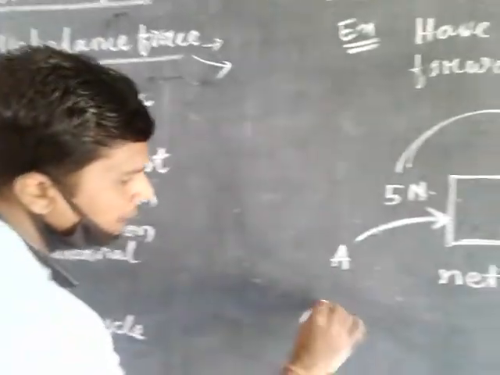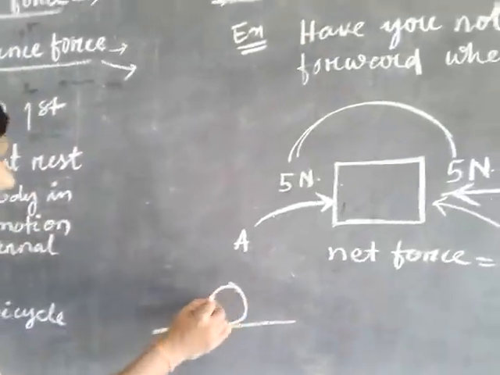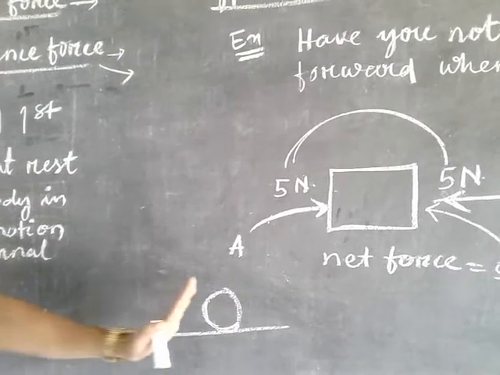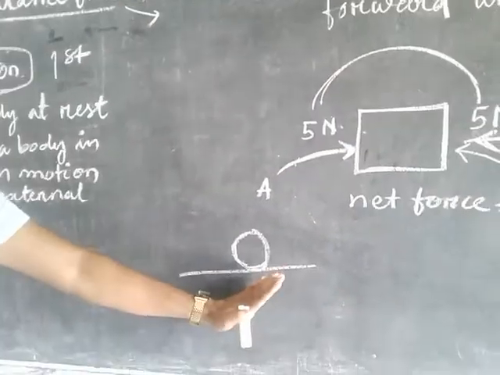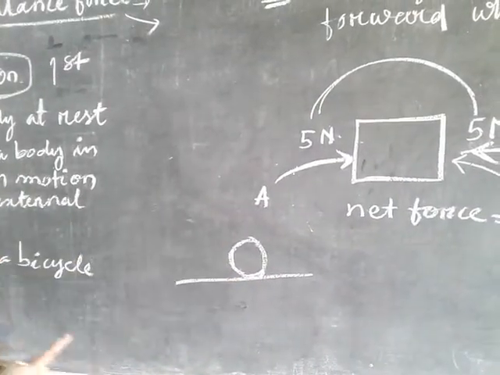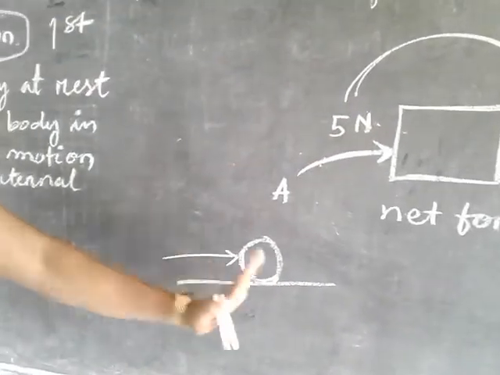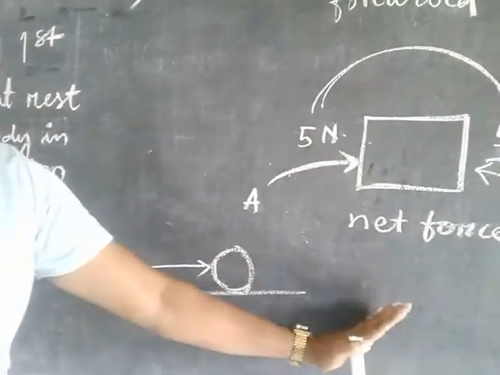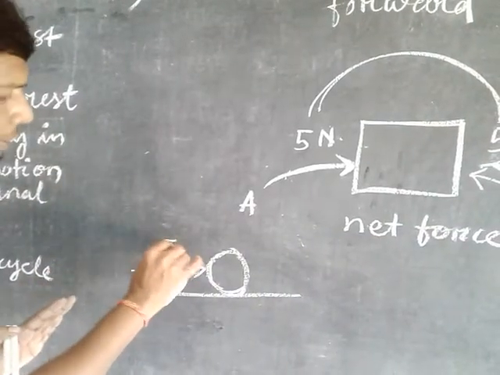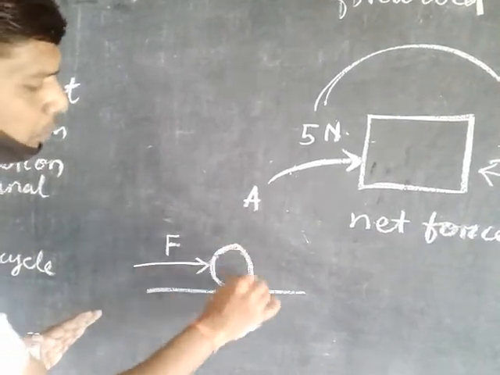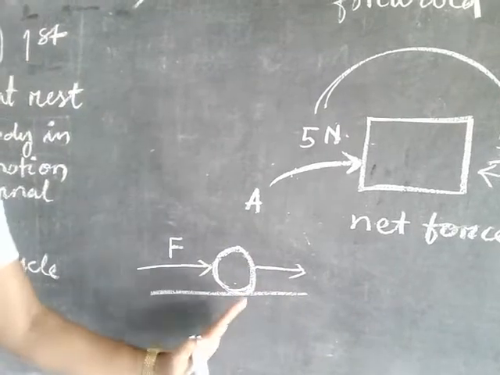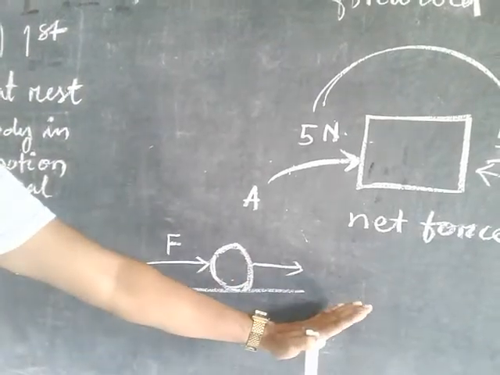Suppose a football is lying here on the playground. If the football is at rest, then until or unless we apply any external force, that football will not change its position. When we apply force here, then this football will start to change its position.